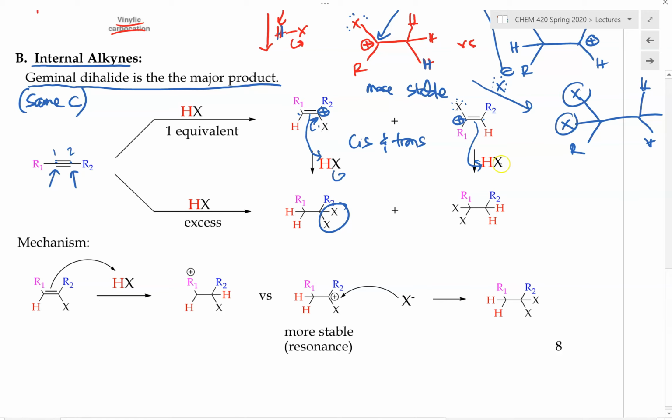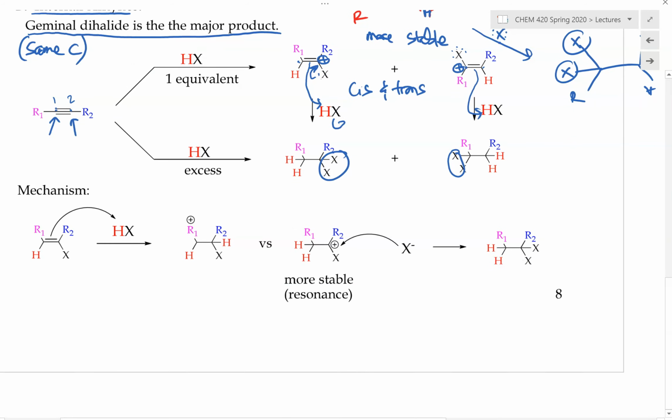This is followed by the halogen coming to attack this carbocation, and that's why we still have the two halogens added to the same carbon. So there'll be a mixture of different products, but in either product, the halides are added to the same carbon, and this is why we call this a geminal dihalide.